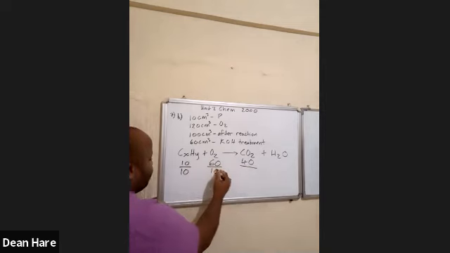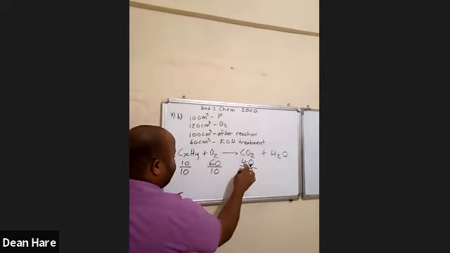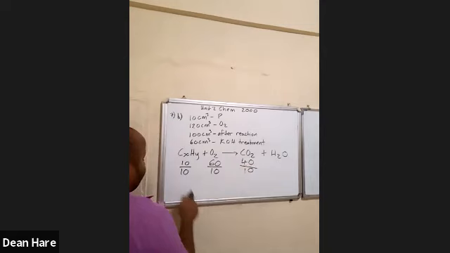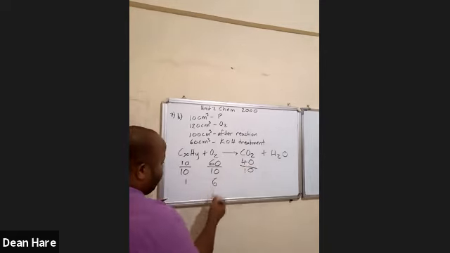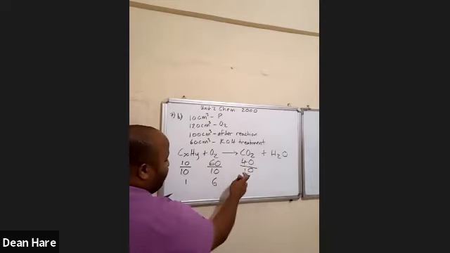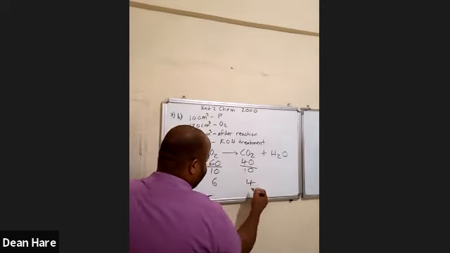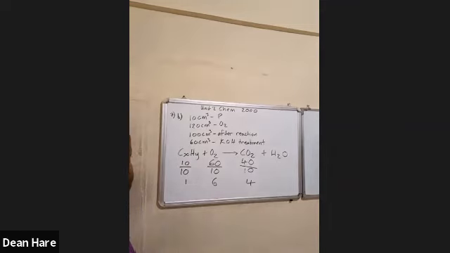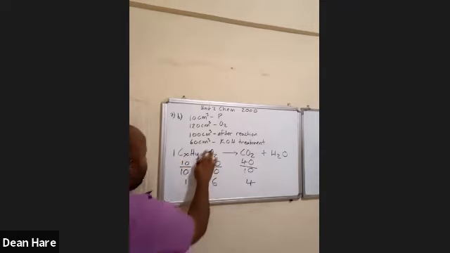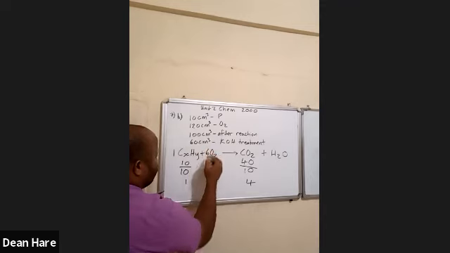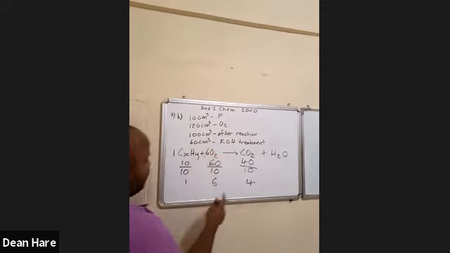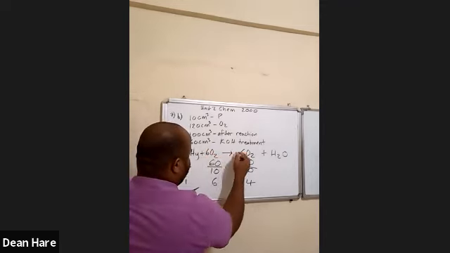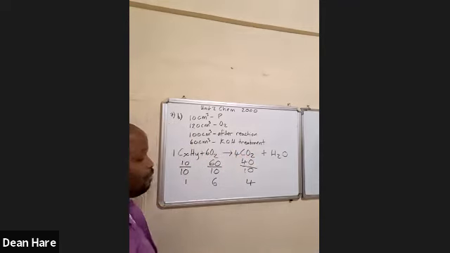That number is 10. So 10 divided by 10 is 1, 60 divided by 10 is 6, and 40 divided by 10 is 4. What this is saying is that 1 mole of our hydrocarbon reacted with 6 moles of oxygen to produce 4 moles of CO2.